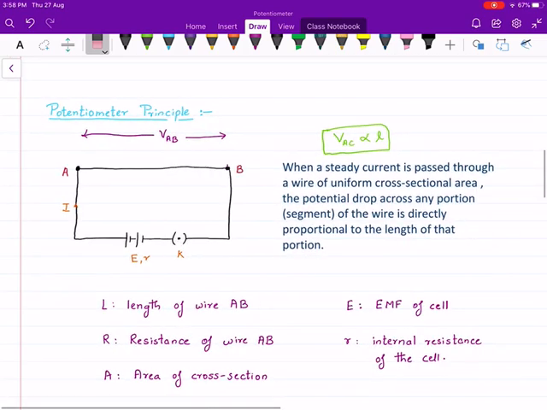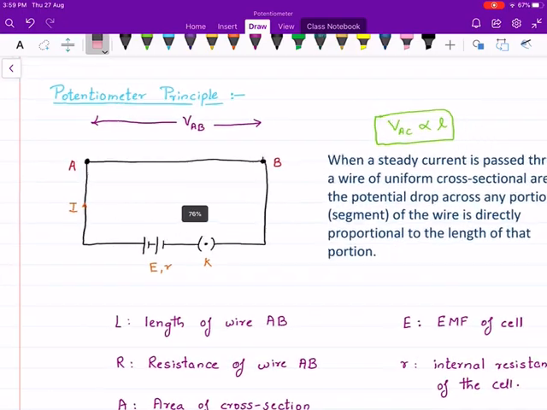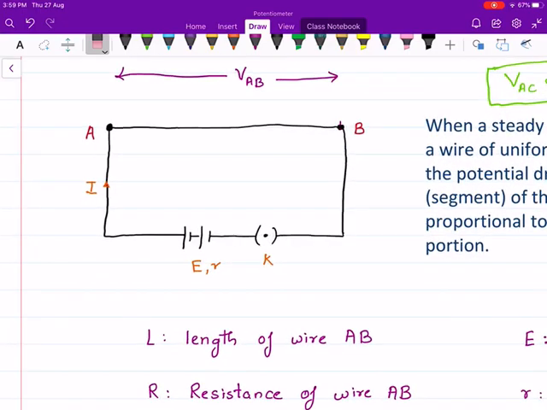Now let's see the potentiometer principle, how this potentiometer works. For that I have drawn this circuit diagram. This is our potentiometer wire AB.